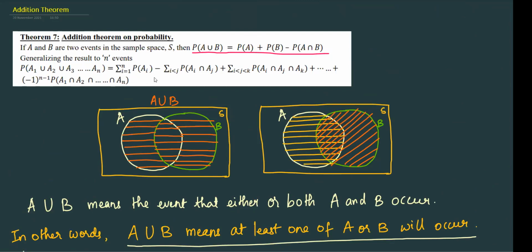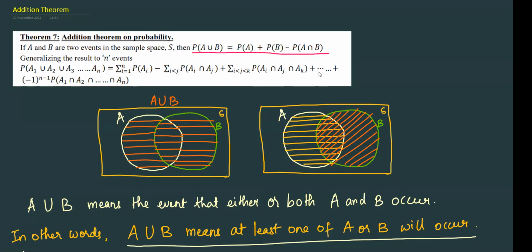First, include all the single events, minus exclude once all the events that occur simultaneously, this and this, and then add the events that occur thrice together, the events that occur 3 together, all such cases, plus.